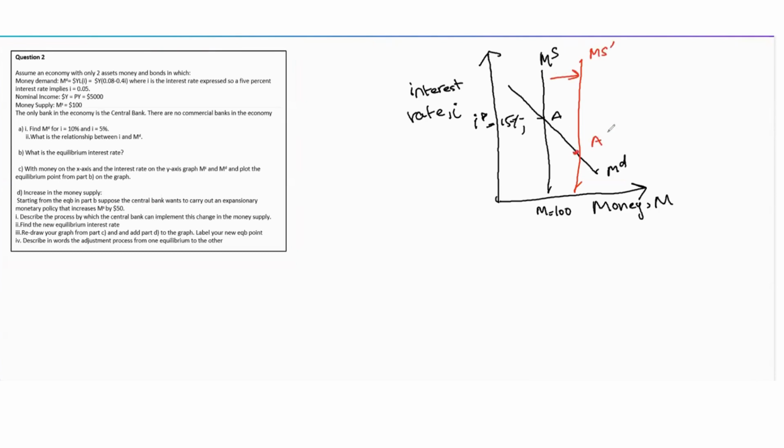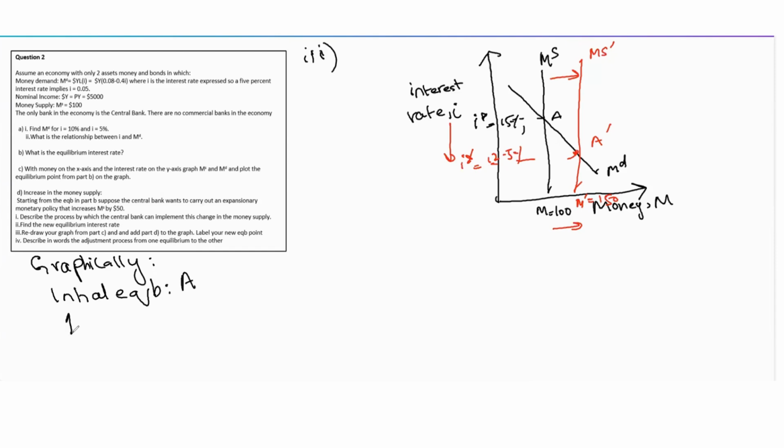As a result of this, we move to A prime, where I star prime, like we saw, is 12.5%. And now we know it's vertical at 150 instead. So we can see graphically what has happened. Initial equilibrium is at point A.